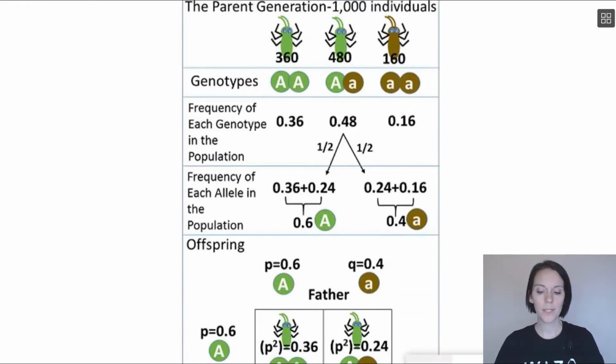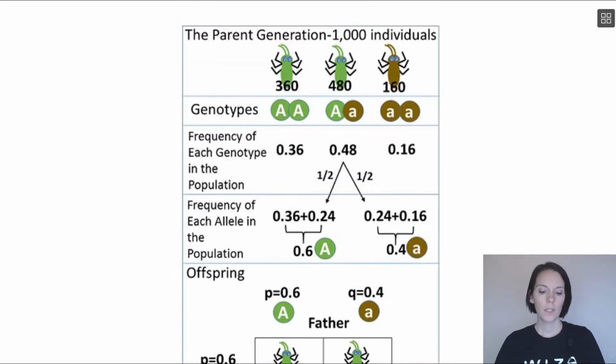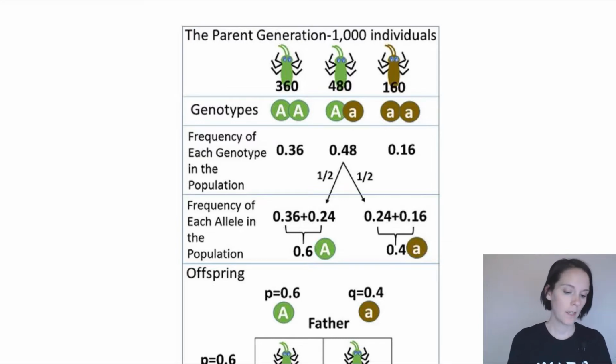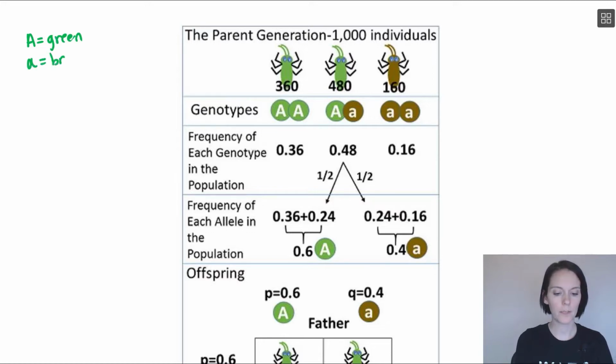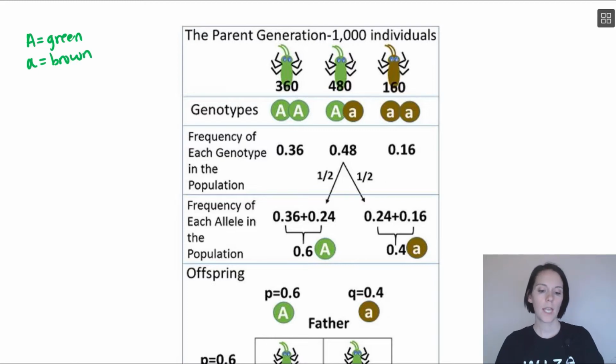So first, using this kind of diagram here to illustrate it a little bit. So in this population of bugs, you can see we've got 2 different alleles. We have the big A allele, which gives us green bugs. And we have a little a allele, which gives us brown bugs. Okay?